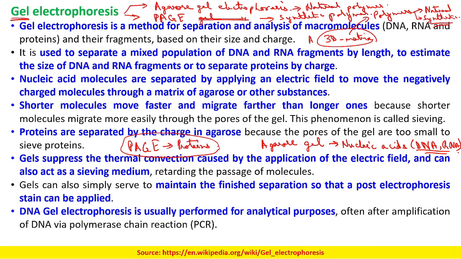Now the question comes: if it gives such good resolution, why can we not use it for the analysis of DNAs and RNAs? If you see, DNA and RNA have very long lengths, and the base pairs are in millions.